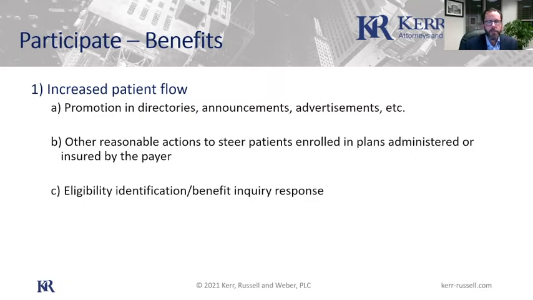So that if a patient is sitting in the chair and needs a crown or needs a filling, and there's a question about whether there's going to be coverage for it or not, you can get an answer very quickly and even on the spot if need be.